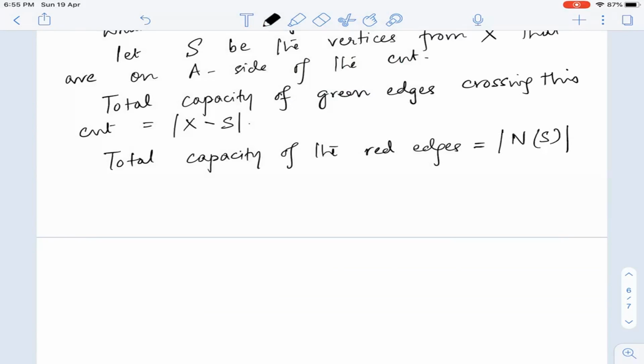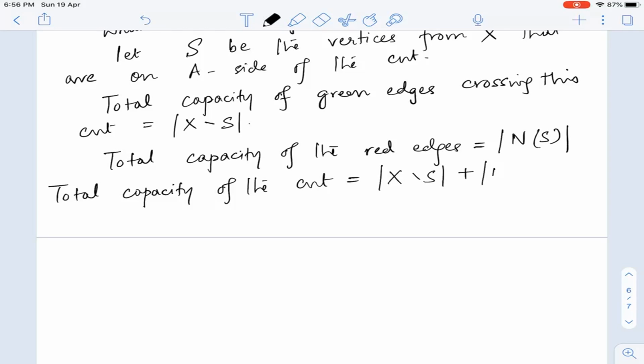Okay. So if I put these two together, what is the total capacity of the cut? It is just the summation of these two quantities. So this is equal to mod of X minus S plus mod of the neighborhood of S. But what do I know about my graph?